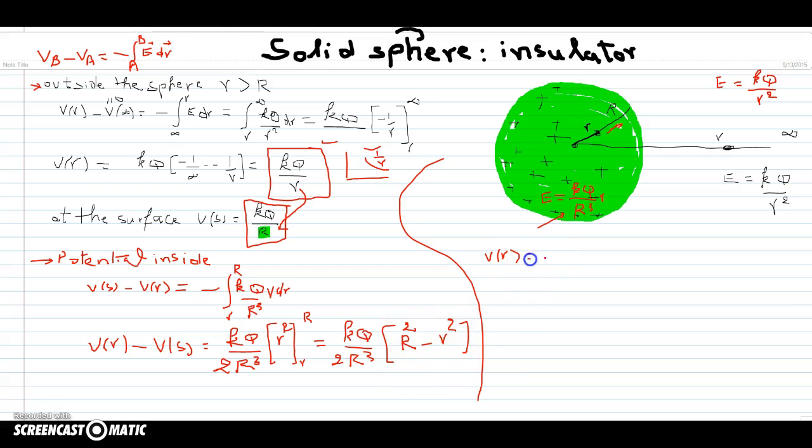So that will be K Q over 2 R cubed times R squared, plus the V of the surface, which is KQ over R, then minus this quantity, which is KQ over 2 R cubed times little r squared.